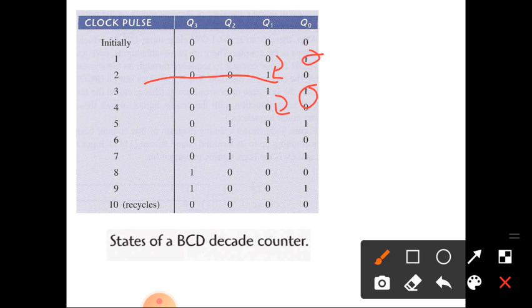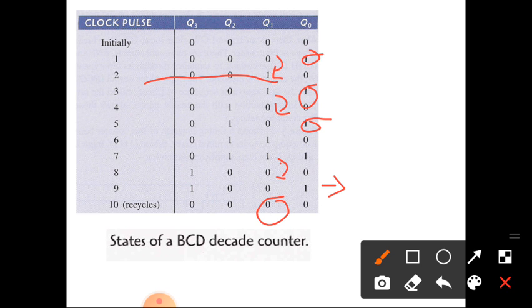So whenever Q0 is 1, then on the next clock pulse Q1 changes its state. But when it reaches the 10th clock pulse, Q0 is 1 but Q1 doesn't change.